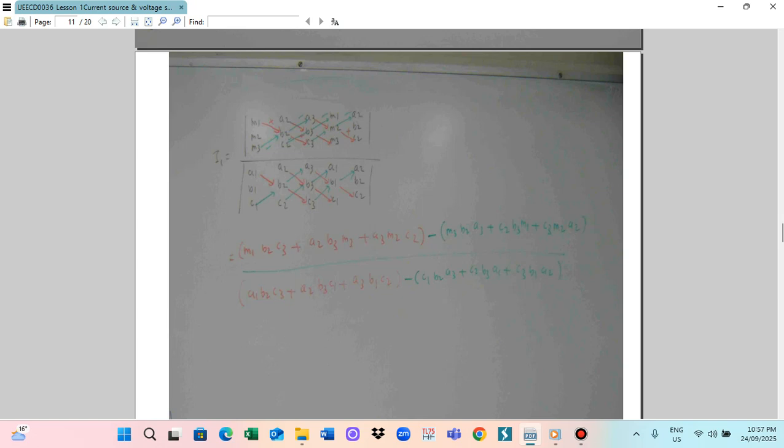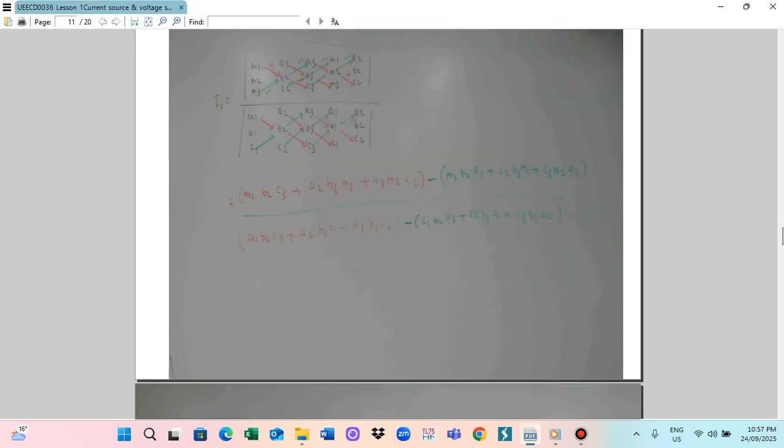The denominator is also the same. A1, B2, C3 positive, A2, B3, C1 positive, A3, B1, C2 positive. So you write A1, B2, C3 plus A2, B3, C1 plus A3, B1, C2. This is positive. Then negative: this one multiplied this way.